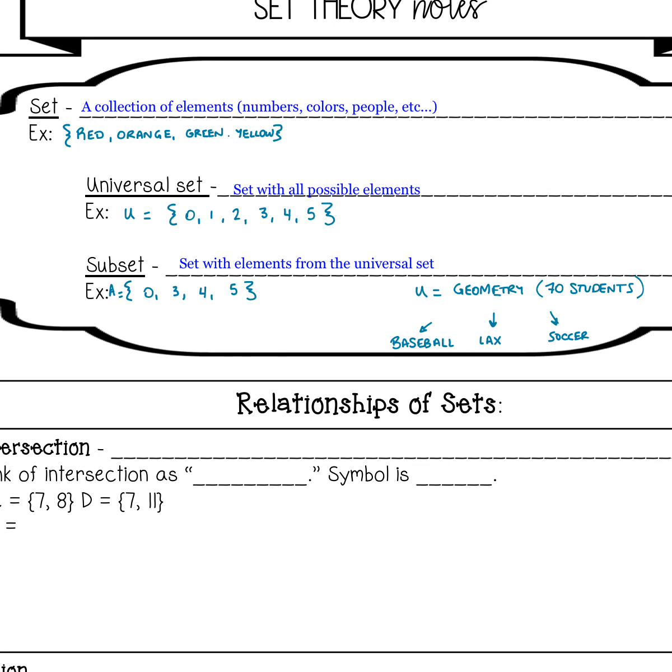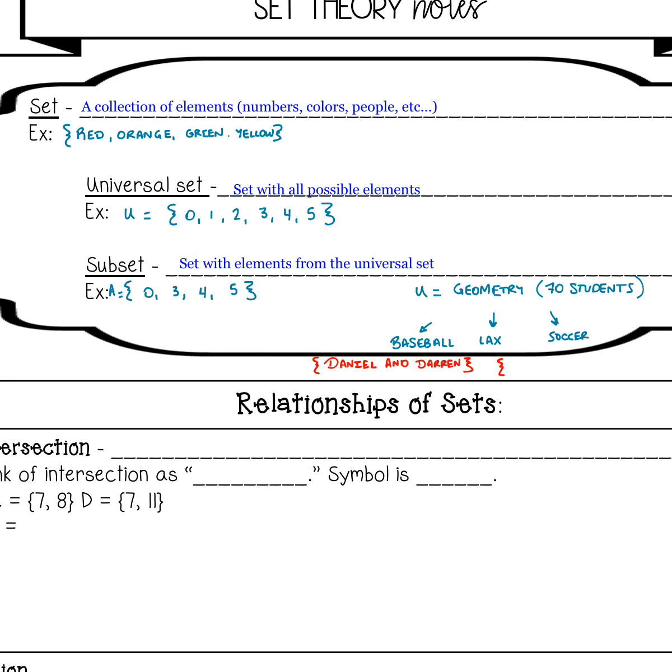So all 70 students would be in my universal set, but I couldn't list all my baseball players, so I'm going to forget somebody, and I apologize. But say we got Daniel and Darren. Those are baseball players in my subset that make up my universal set.